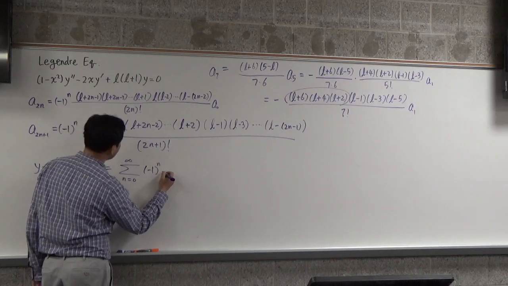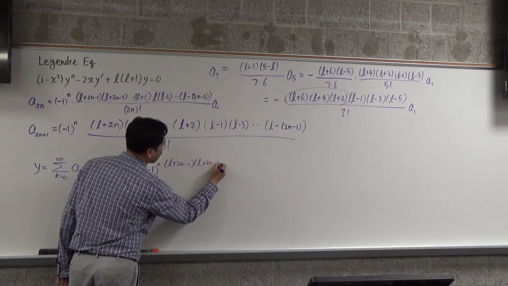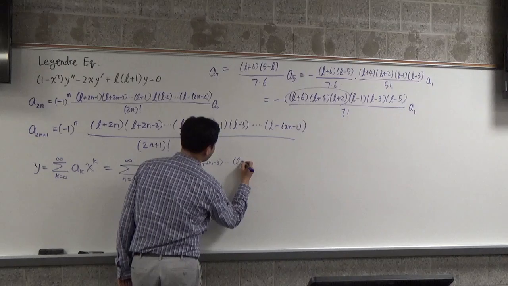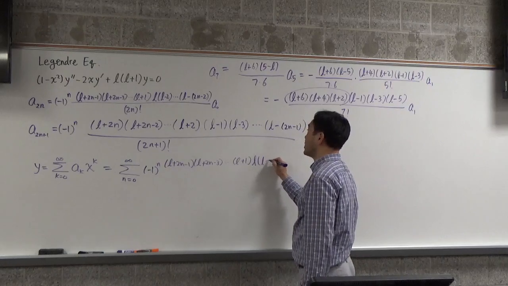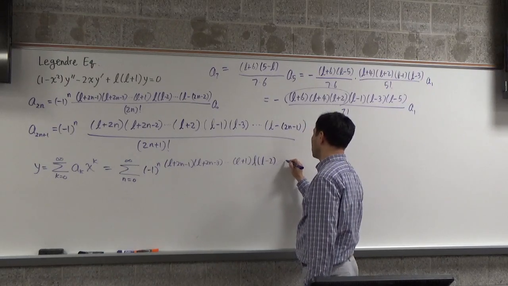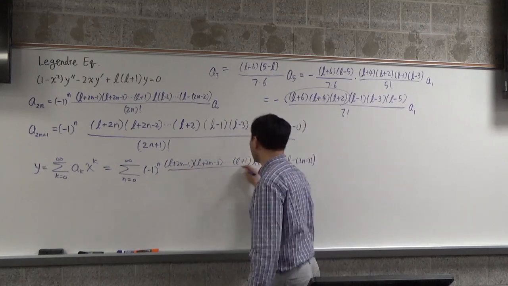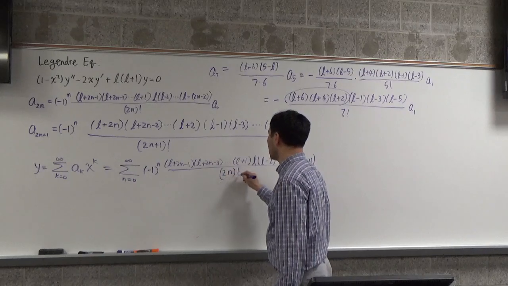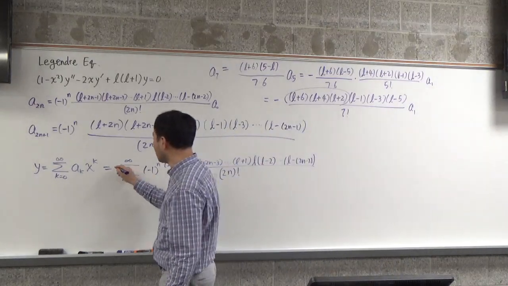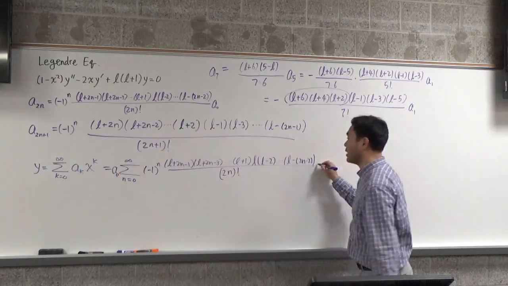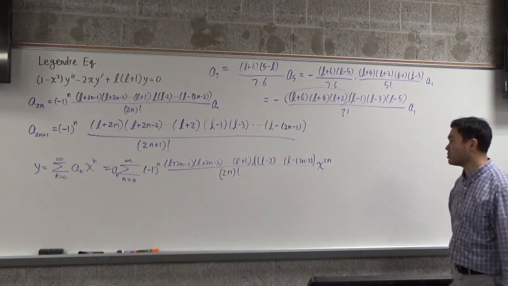Negative 1 to the n, L plus 2n minus 1, L plus 2n minus 3, all the way up till L plus 1, then L minus 2, all the way up till L minus 2n minus 2, all over 2n factorial. That's your a_n times a0, so this will be times a0 of x to the 2n. So that's one of the summations.